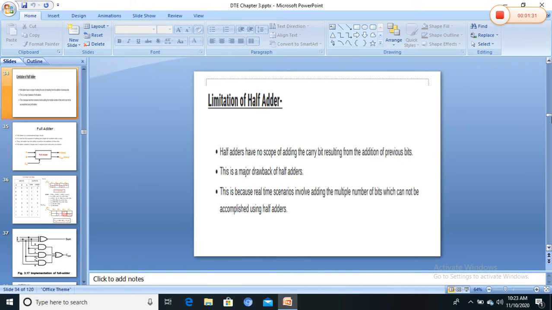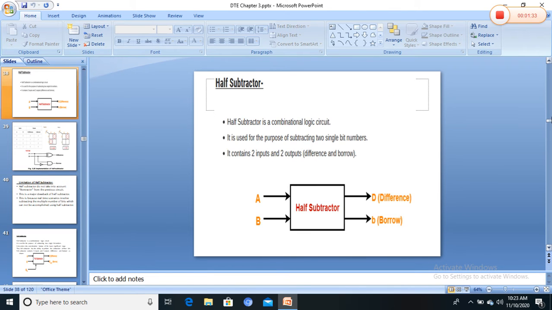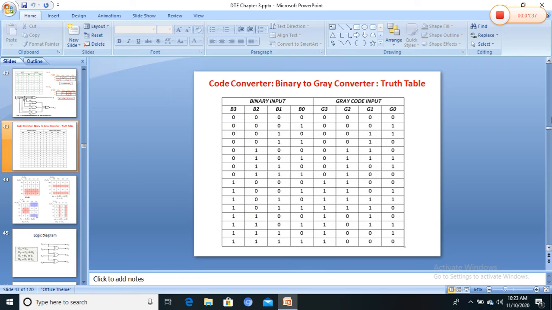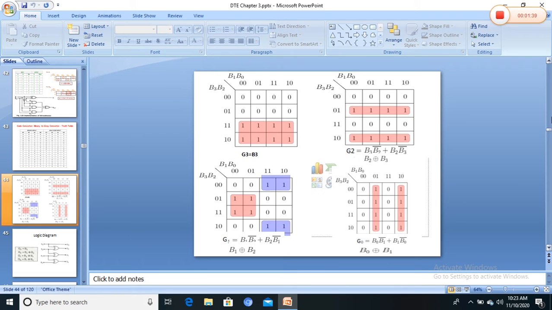We convert binary to gray and gray to binary. The outputs are G3, G2, G1 and G0, and the inputs are the four binary bits B3, B2, B1, B0.